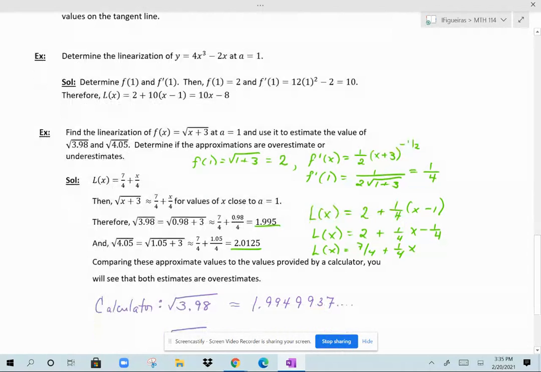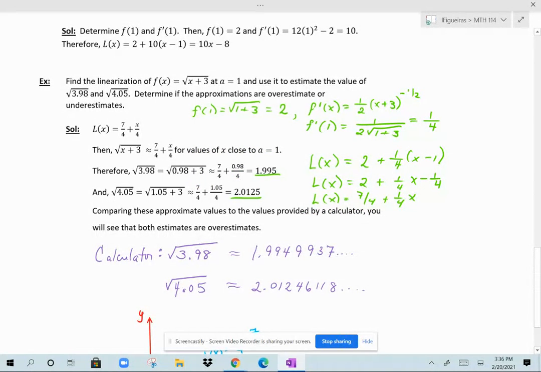If I were to plug this into a calculator, the square root of 3.98 is 1.9949937, and that goes on and on because this is irrational. Notice that this was my approximation. Pretty good. It's slightly higher, so my approximation is an overestimate of the true value.